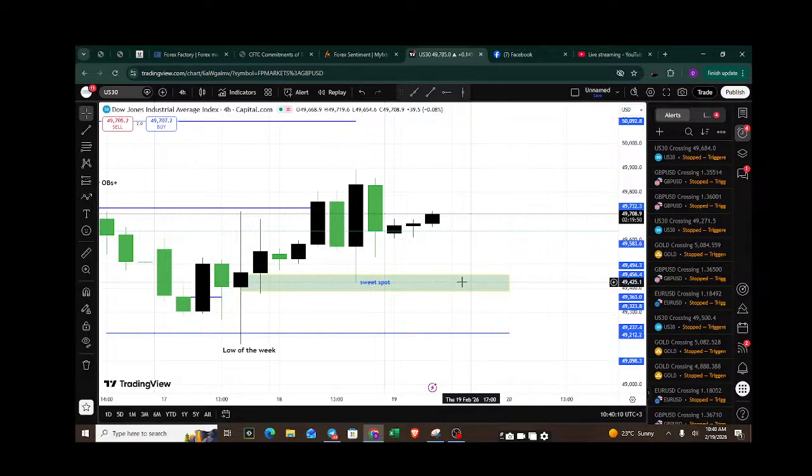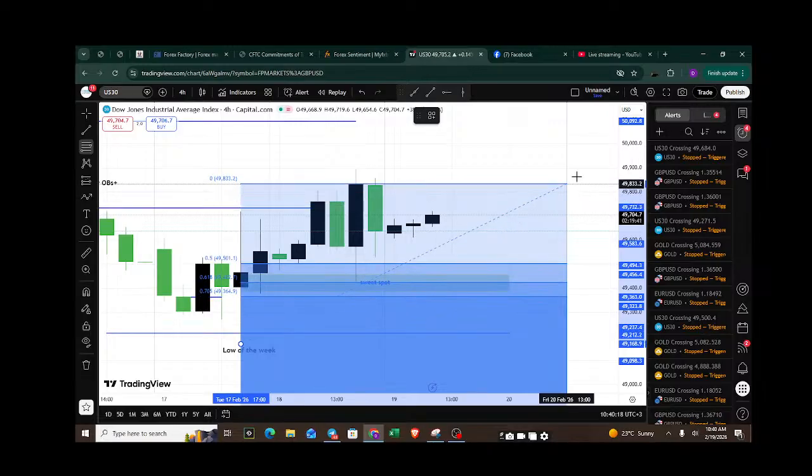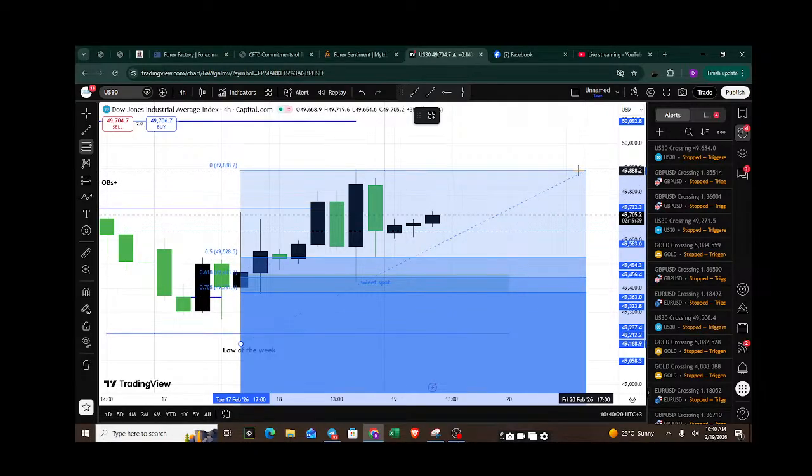So essentially I am anticipating that price is going to come and take out this low here, which was formed yesterday. Then we also have this low here, which was formed yesterday.